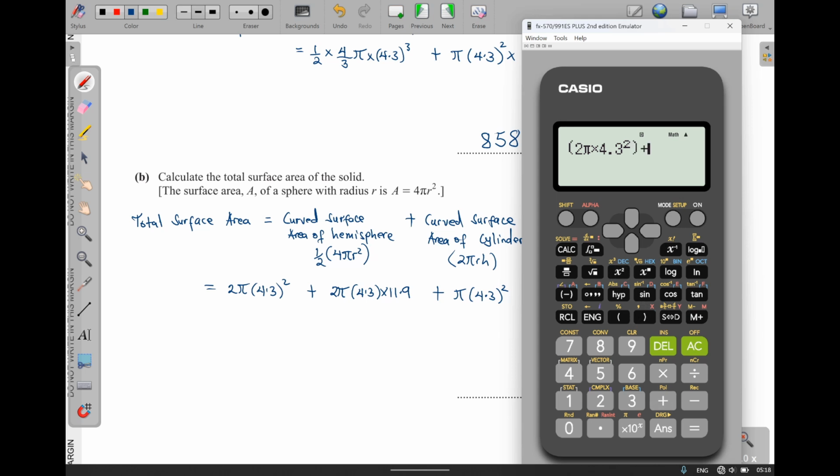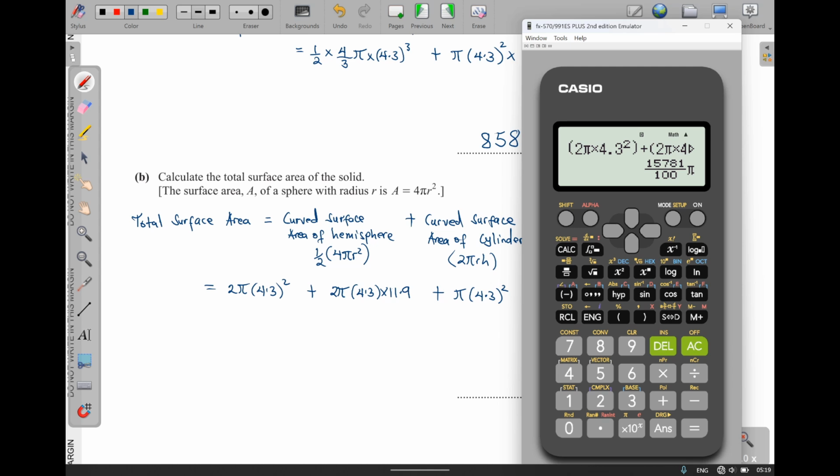Then I add 2 pi times 4.3 times 11.9, then plus pi times 4.3, I put it also in brackets, times 4.3, then squared. So all of it together, I get my answer.